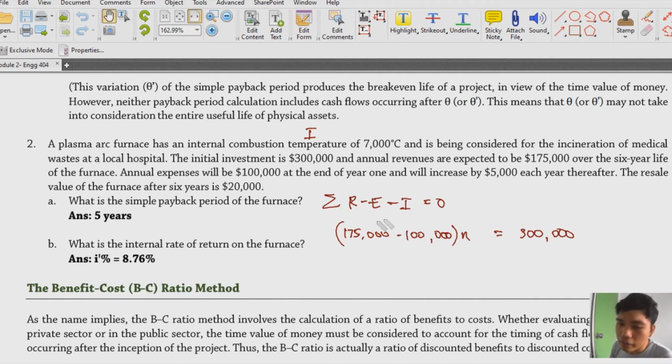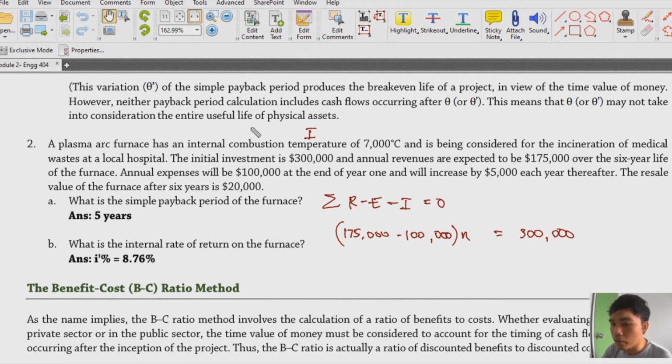Okay, and it's not yet done, because if you notice, we have a gradient portion here, and we're paying 5,000 in the first year, then the second year would be 10,000, and then probably 15,000. So we need to take the average of those values, because if we're dealing with the payout period, and simple payout period, we don't look at the time value of money, right?